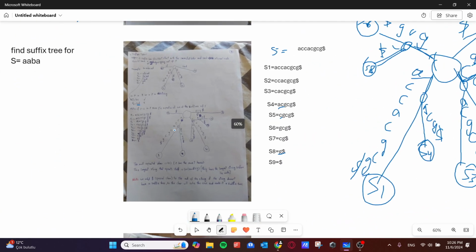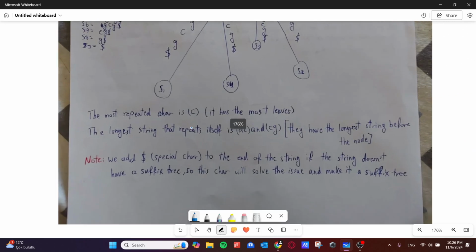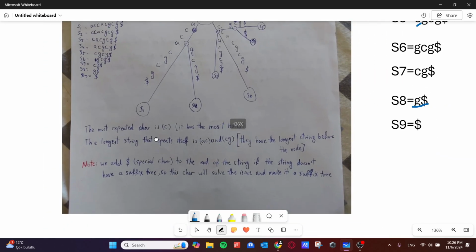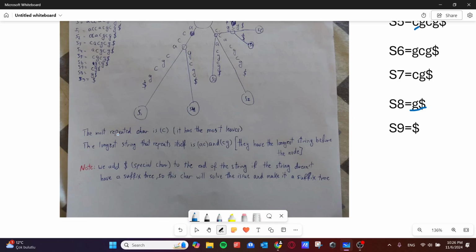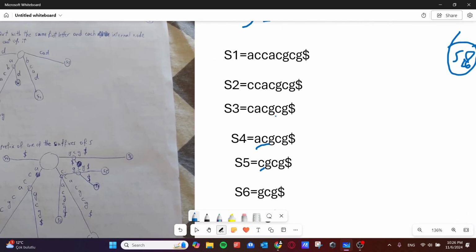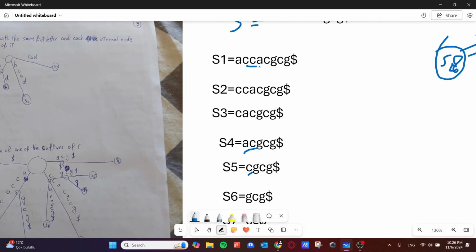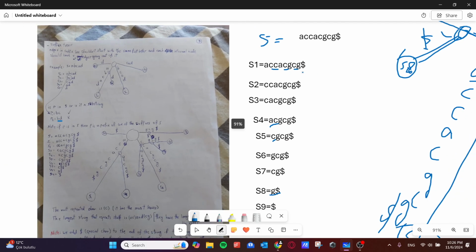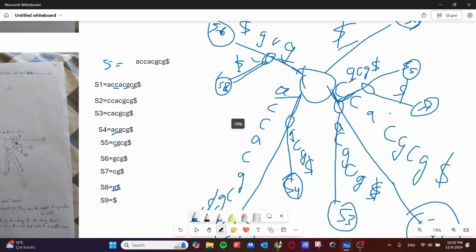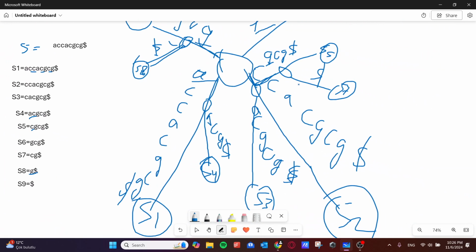Here we have two important questions. What is the most repeated character? You can say it's C, because we found 4 C's here. Is this the right solution?